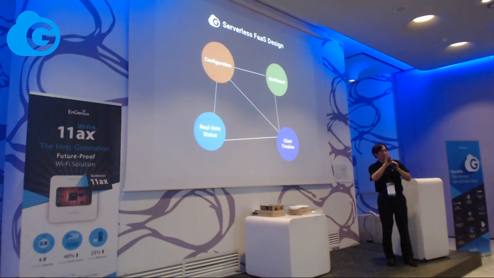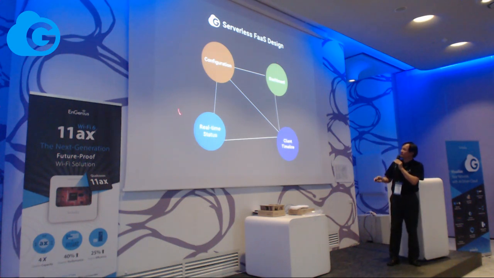We see this infrastructure as different functions. So for the devices, they connect to one function. For the real-time status, this is another function with lots of different servers. And then some other servers do the configuration.